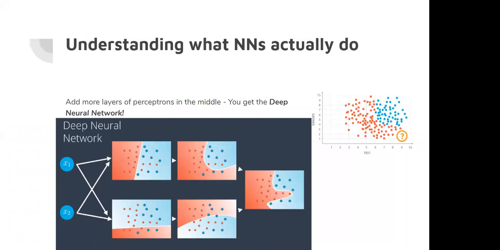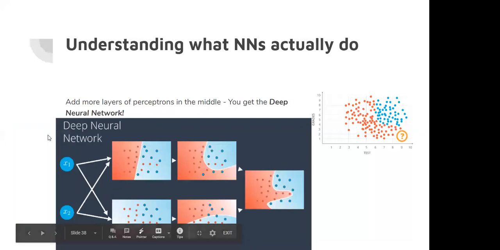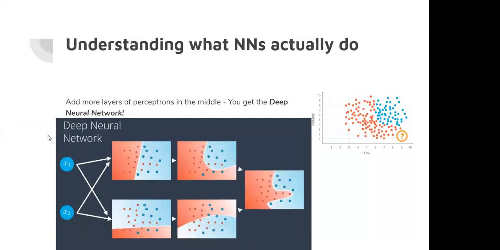And what if I add another layer of perceptrons in the middle? What we did over here was, I had this layer and then I just had an output. What if I add more perceptrons in between and then I have an output? Boom, that's what a deep neural network is. You get a non-linear hyperplane.